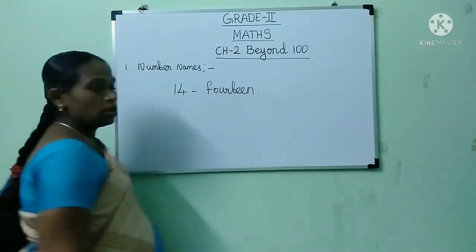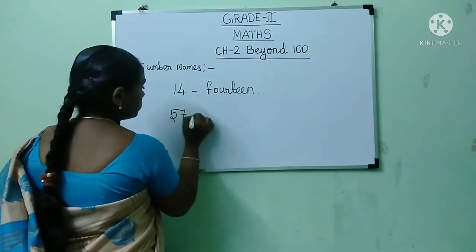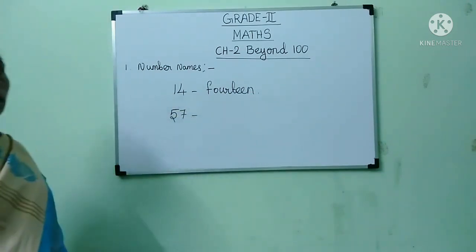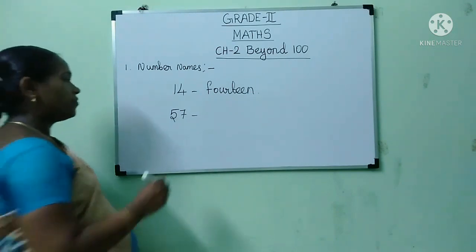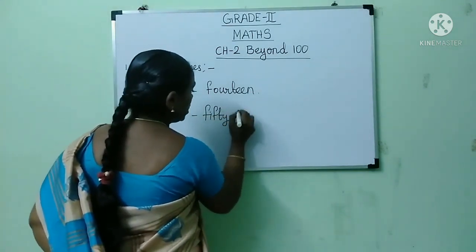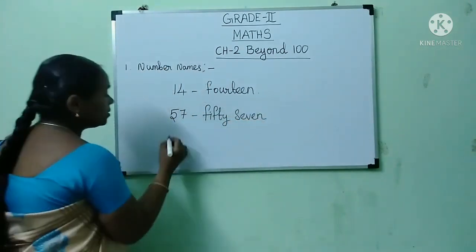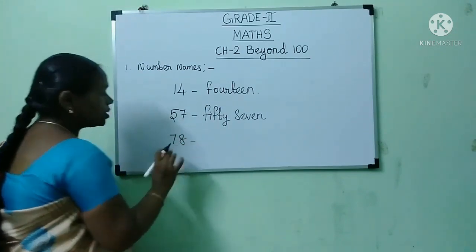F-O-U-R-T-E-E-N. 14. Are you clear, children? Okay. Then, what is this number name? 57. 50, F-I-F-T-Y. 50. 7, S-E-V-E-N. 7.